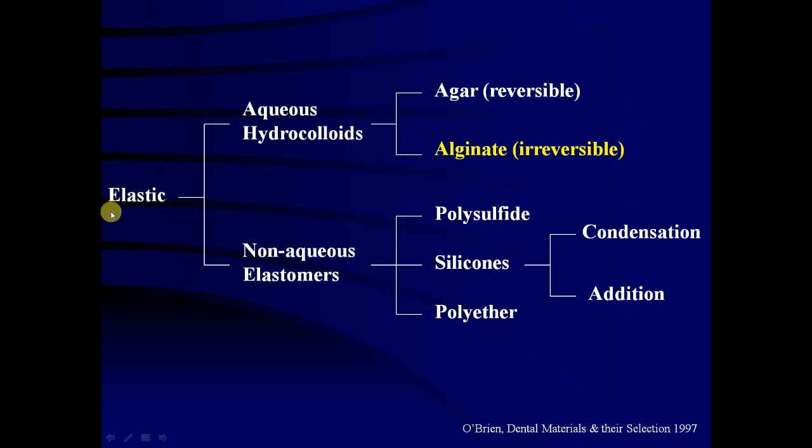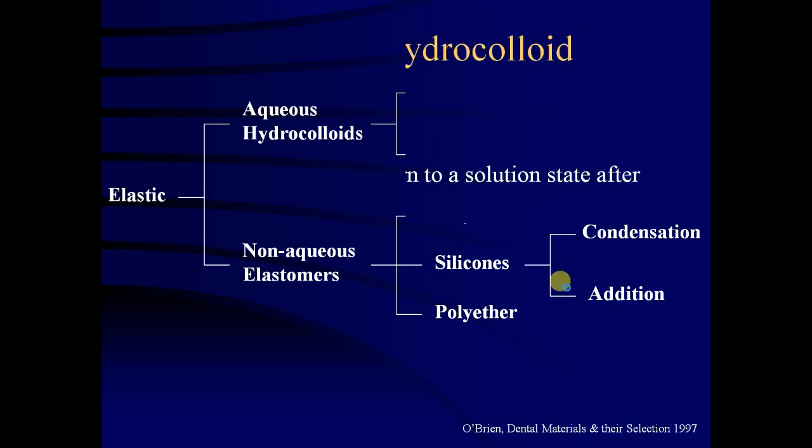Elastic impression materials are divided into aqueous hydrocolloids and non-aqueous elastomers. Aqueous hydrocolloids are two: agar, which is reversible, and alginate, which is irreversible. Non-aqueous elastomers are of three types: polysulfides, silicones, and polyether. Silicones can be further divided into condensation silicone and addition silicone.